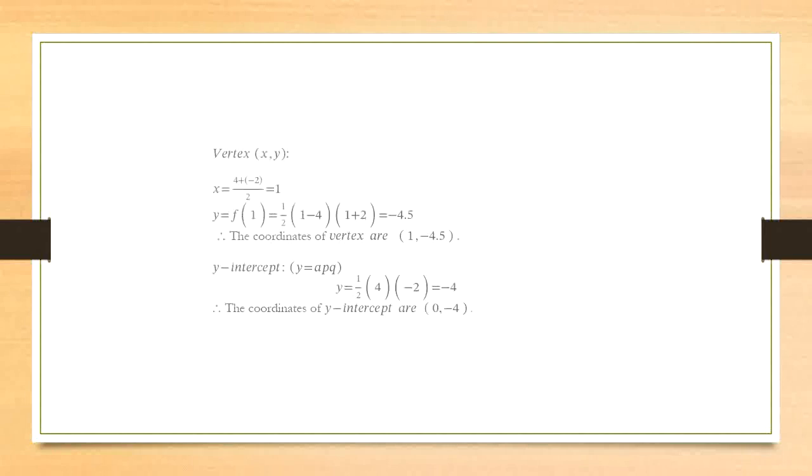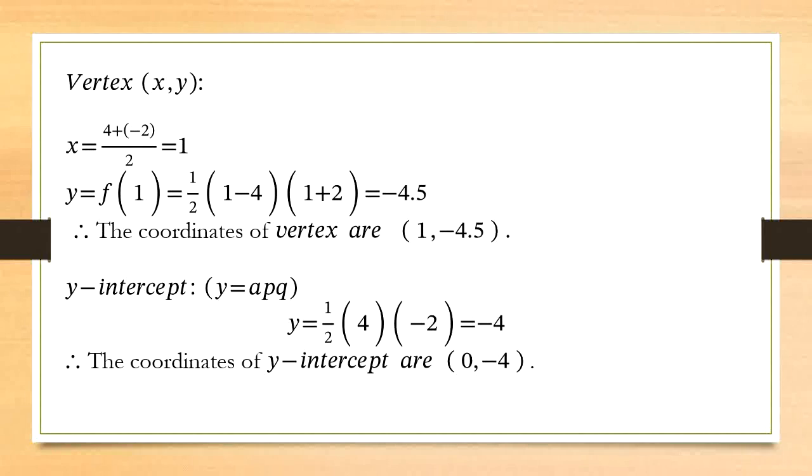Next, to find the vertex, we have to find the value of x and the value of y. Or in other words, we have to find the x coordinate and the y coordinate. So x coordinate is equal to (4 plus minus 2) divided by 2. That is (4 minus 2) divided by 2, which gives us 2 divided by 2, which comes to 1.